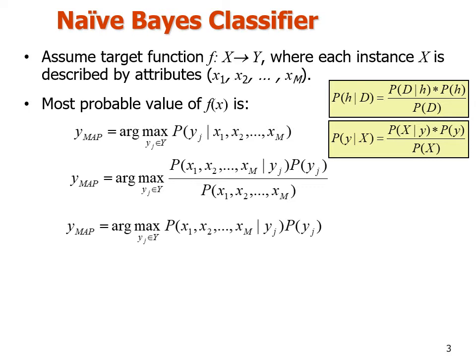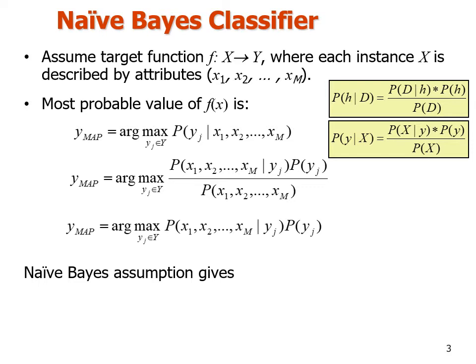Now let us refer to the assumptions that we made at the beginning. The Naive Bayes classifier is based on the simplifying assumption that the attribute values are conditionally independent given the target value. In other words, the assumption is that given the target value of the instance, the probability of observing the conjunction x1, x2 up to xm is simply the product of the probabilities for the individual attributes.